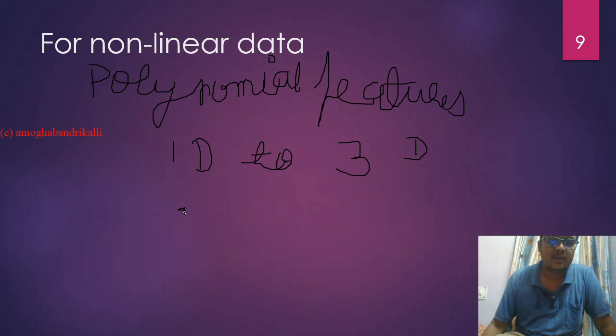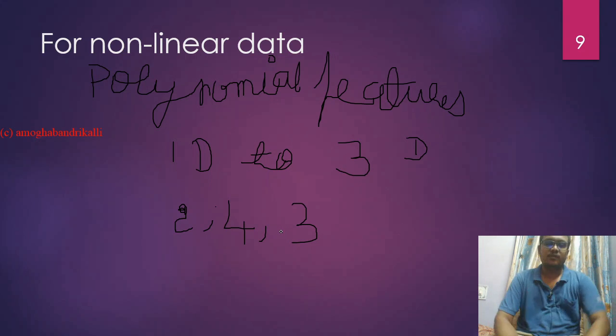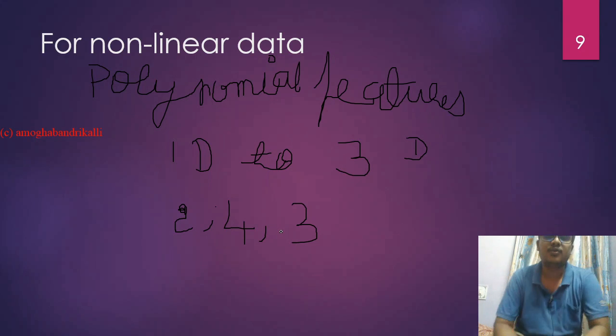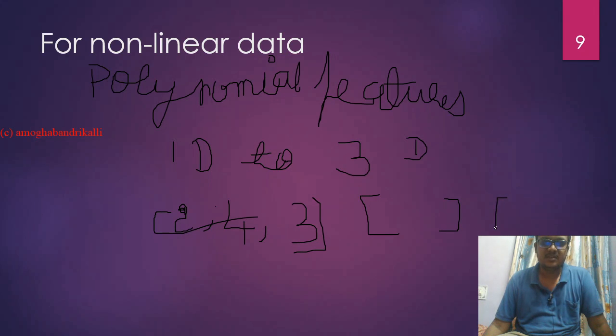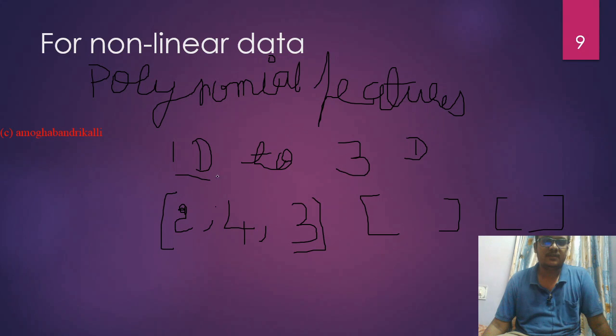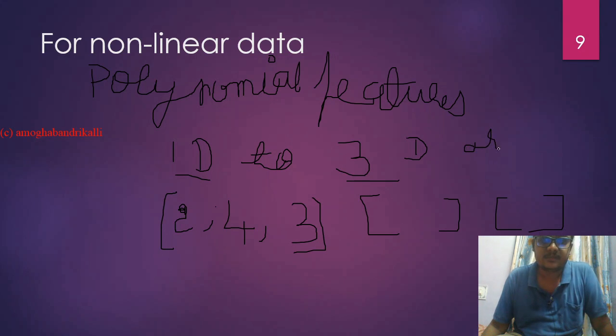If we give a one dimensional array like 2, 4, 3, it will generate the square and the cube of those respective values. So it is going to convert into a 3D format, like multi-dimensional data. This is called polynomial features.